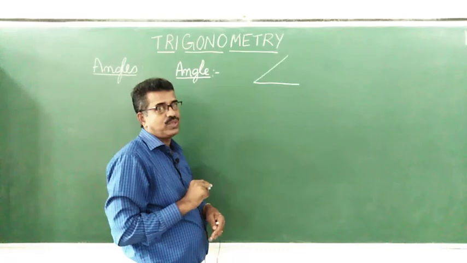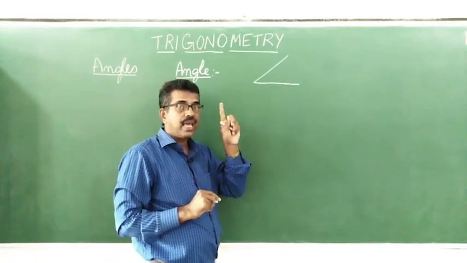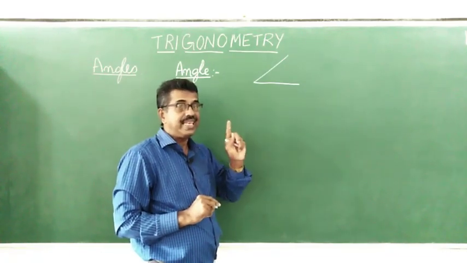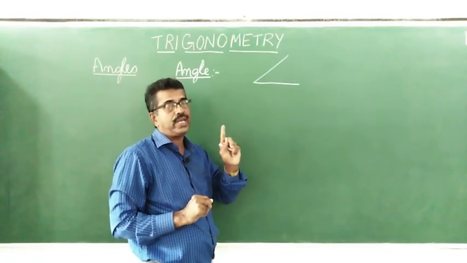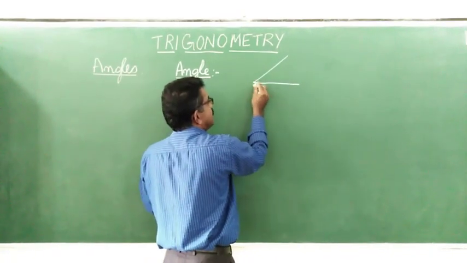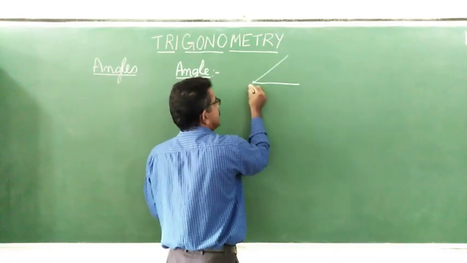What is an angle? Actually, angle is nothing but the amount of rotation. I have two rays here. Rays are called kiranagalu.